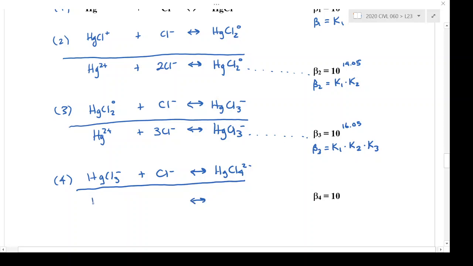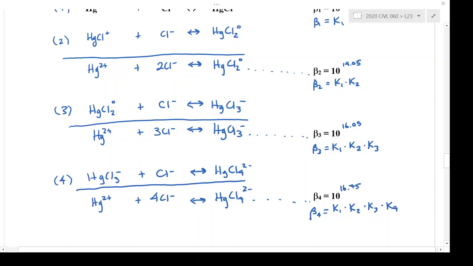I add those together, and I get free mercury ion plus 4 chlorides forms HgCl4 2-. And then the beta 4 value is K1 times K2 times K3 times K4, which is 10 to the 16.75.